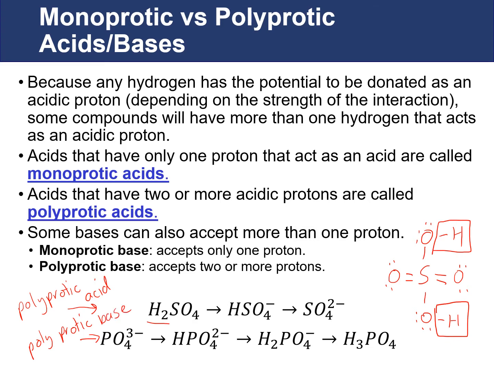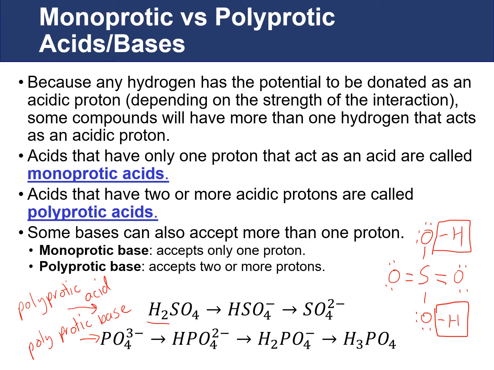Now, because of the nature of acids and bases, when an acid gives up a hydrogen, you form its conjugate base. So HSO4 minus is the conjugate base to H2SO4, but it's amphoteric. It can either accept a hydrogen to go back to being H2SO4, or it could donate its remaining hydrogen to become SO4 2 minus.